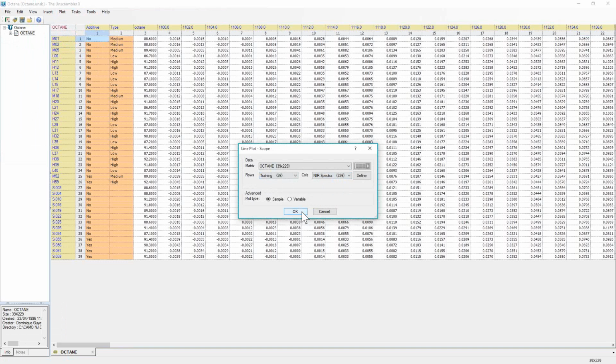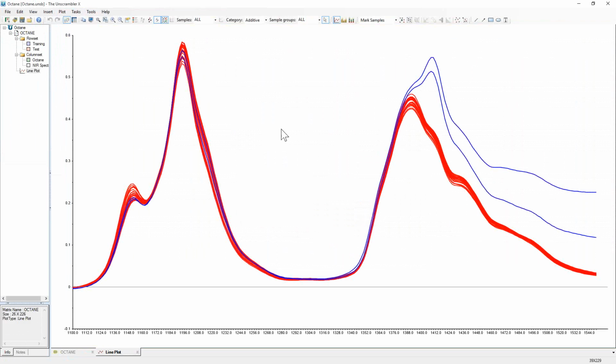So this is near IR data of fuels. We're trying to predict octane content. Always plot your data first so you can see if there's anything going on, if you need to do any sort of pre-processing. This isn't too bad data, but as you can see, there are a couple of samples that are a little bit different than the other ones.